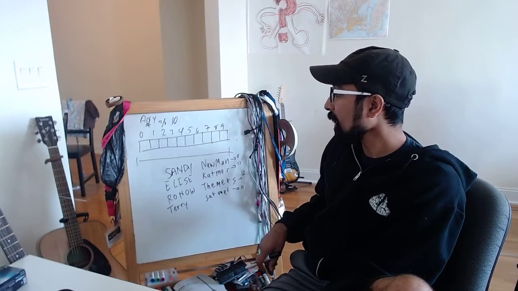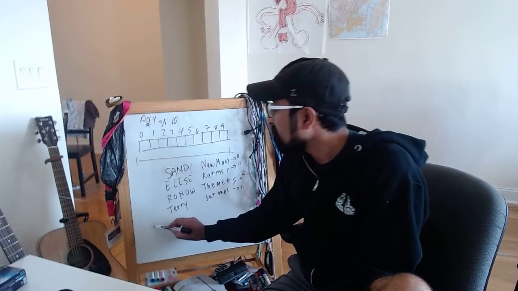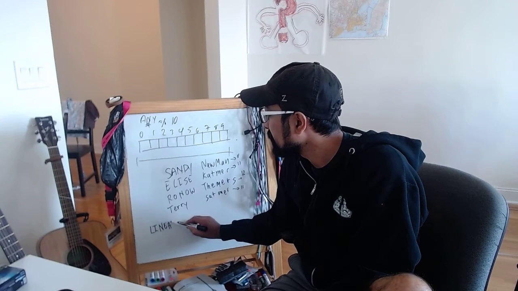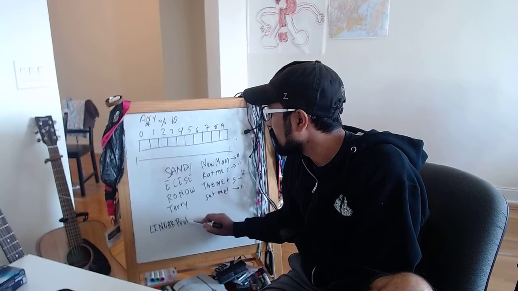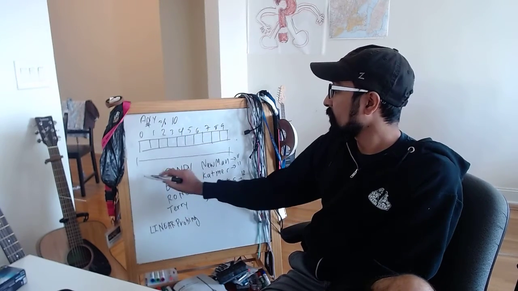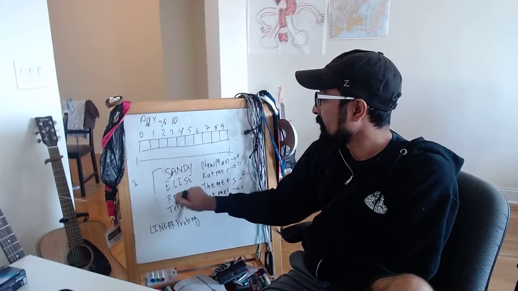Okay. All right, so another scheme we can come up with is called linear probing. And what does linear probing do? Well, what we do is we insert, let's actually just insert these two.